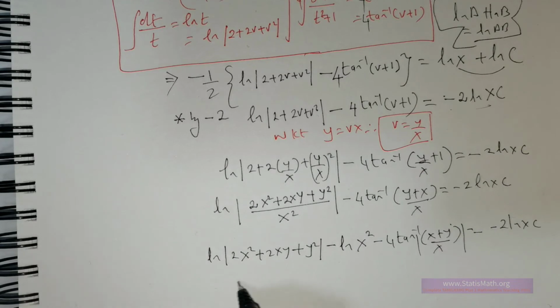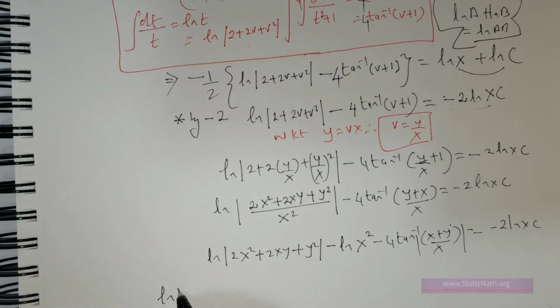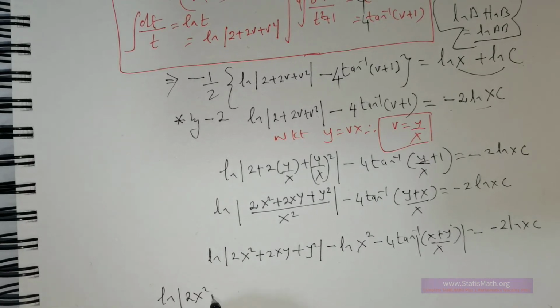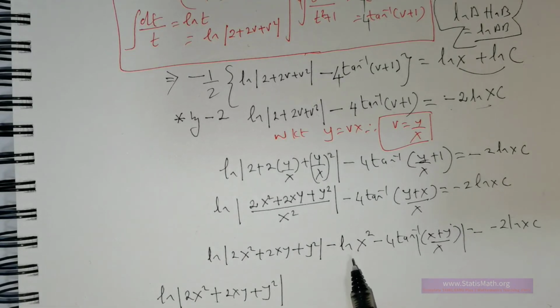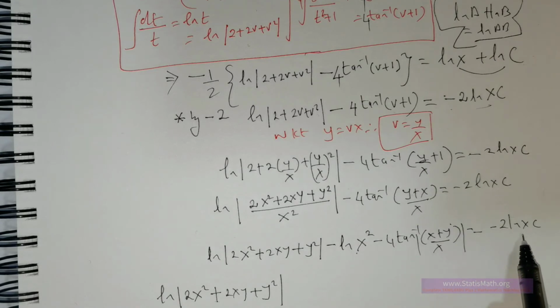Okay, so this is rewritten as ln of 2 times x squared plus 2xy plus y squared. Now I have got a negative ln x squared here, and I have got a negative 2 times ln x.